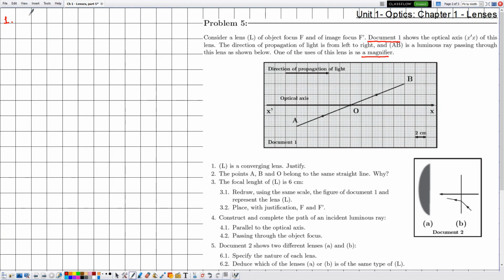So let's say that since a converging lens can be used as a magnifier, this means that then L is a converging lens.